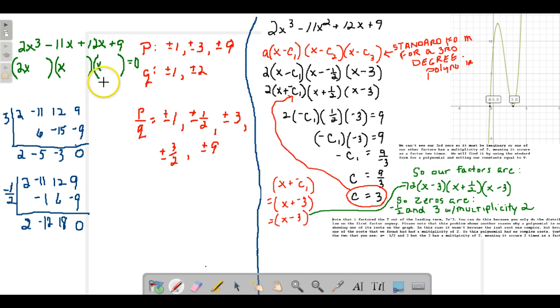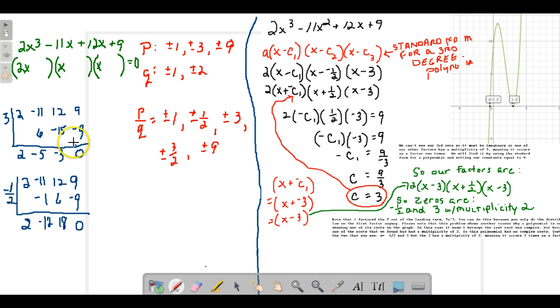So it can get confusing, but what we started to do in our lesson was finding our P's, finding our Q's, and then making our P over Q's. And these are all our possible real zeros. I had a chance to review that after we hung up, and it all came back to me.